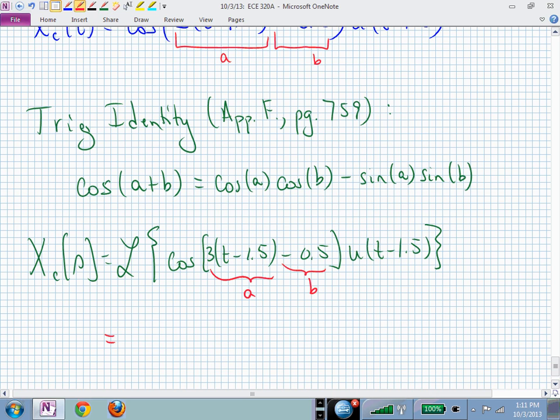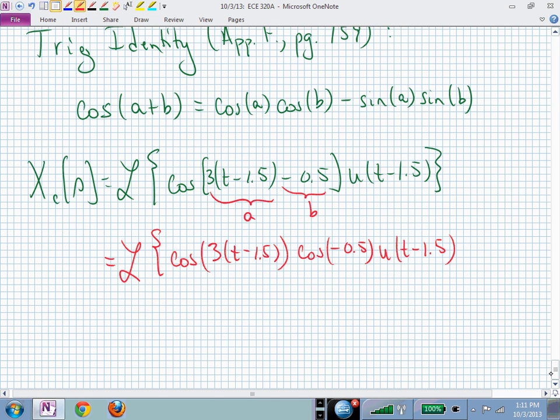That allows me to conclude that it's just the Laplace transform of cosine of a cosine of b, and I still need to weight it by, or turn it on at time 1.5.